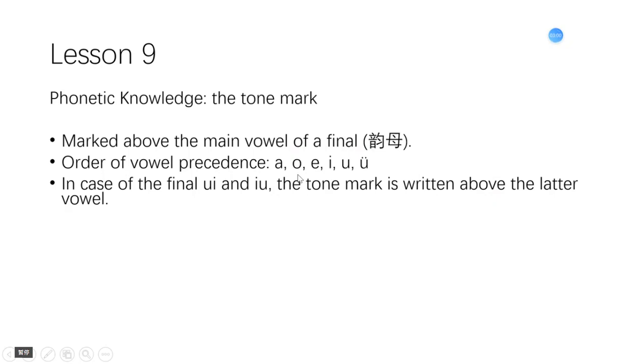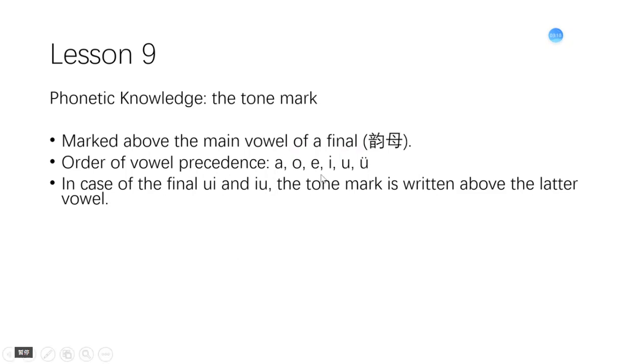So we go according to this order. When you listen to these vowels, naturally the a sounds loudest. When you pronounce it, you open your mouth the widest, and you can feel it.